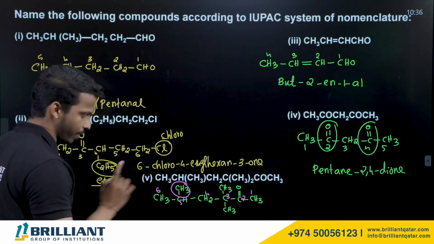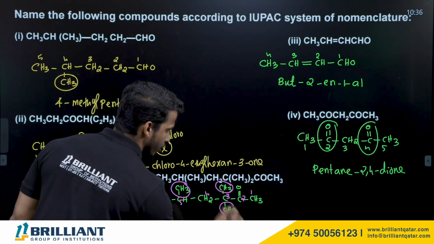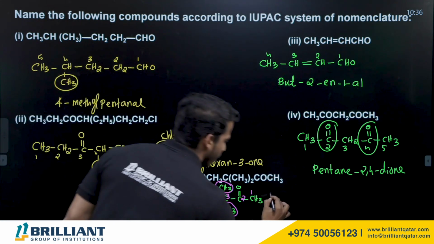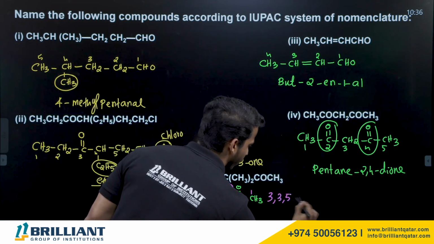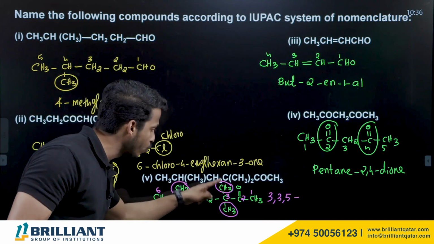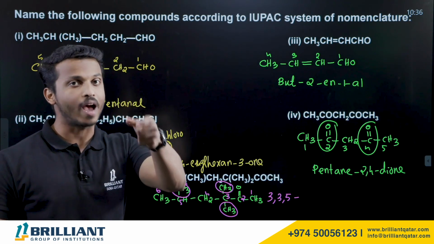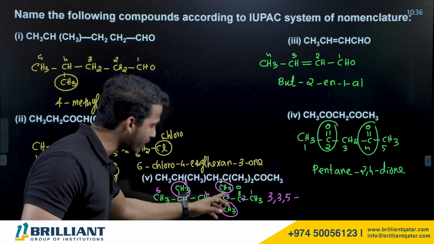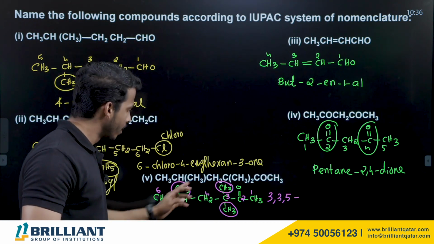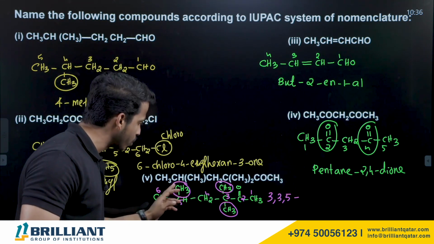At the fifth position, 1 methyl group. At the third position, 2 methyl groups. So what is the name? 3, 3, 5. At the third position, 2 methyl groups are there. If 2 groups are on the same carbon, we have to repeat the number twice. So 3,3-dimethyl, and at 5 also there is a methyl group.